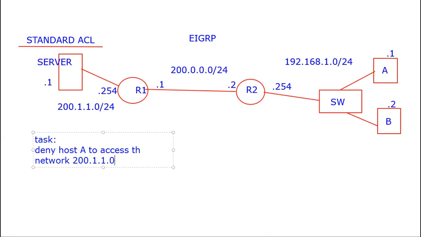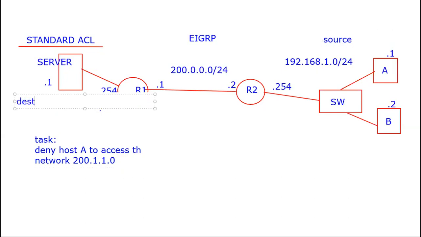The destination is the 200.1.1.0 network and the source is 192.168.1.0. Supposing that this is our private network, the source, and this is the destination for which we want to filter the traffic.